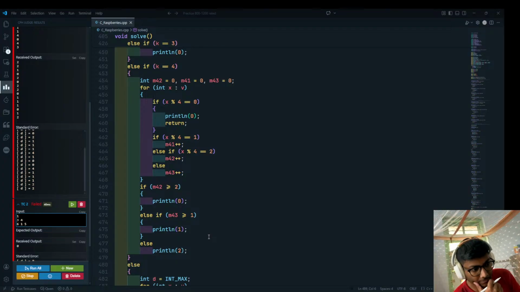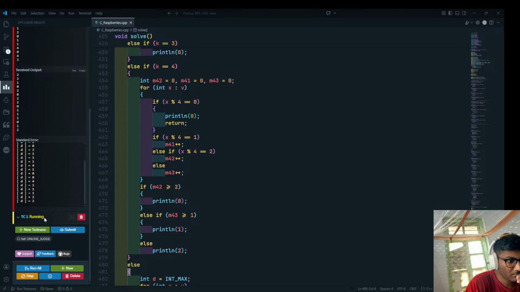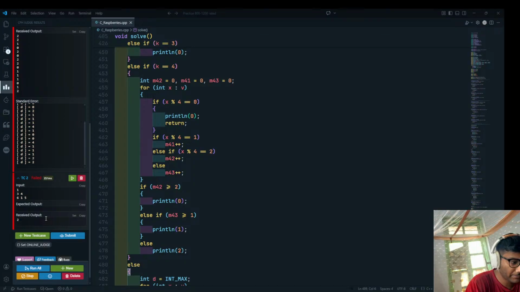We have not considered any modulo 4 1s. Like my output is 2, but the answer should be 1 because 6 times 5 is 30. Like 1 I can upgrade to a modulo 4 2, right?